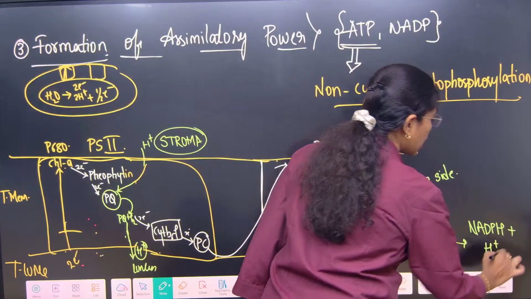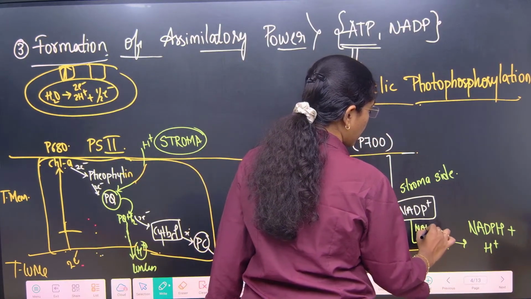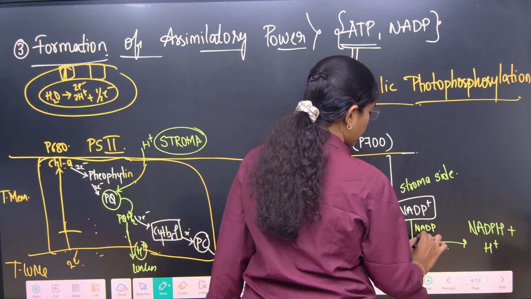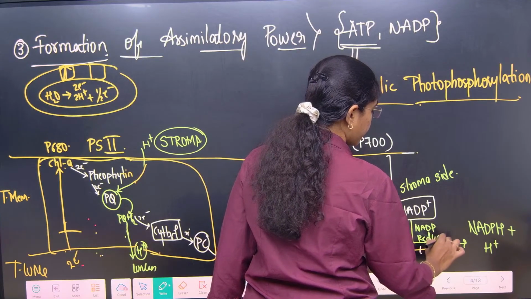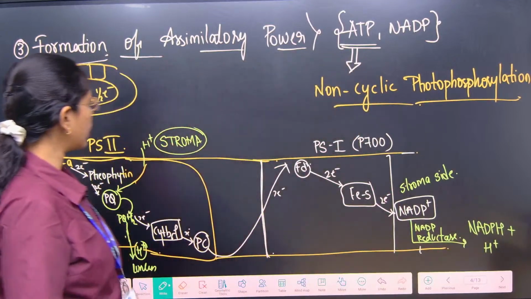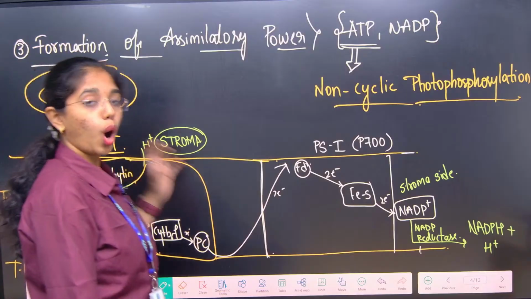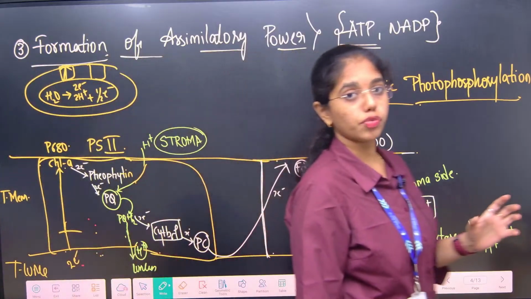This is by the NADP reductase enzyme. Got it? Clear? So, once again let us have a quick review of non-cyclic photophosphorylation.